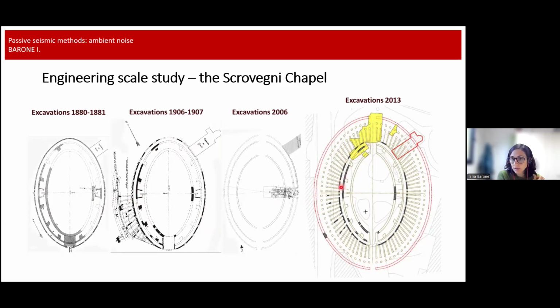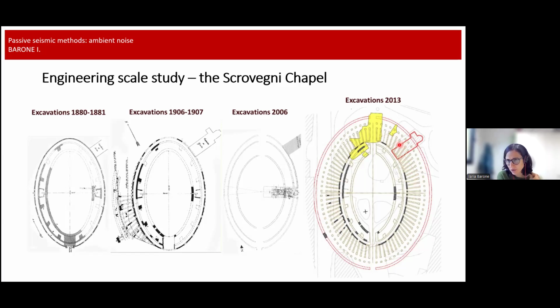And something interesting to point out is that these are the radial walls. The radial walls were found only partially on this side. No radial walls were ever found on this side. And from this small amount of remains, people have tried to reconstruct the scheme of the original amphitheater.